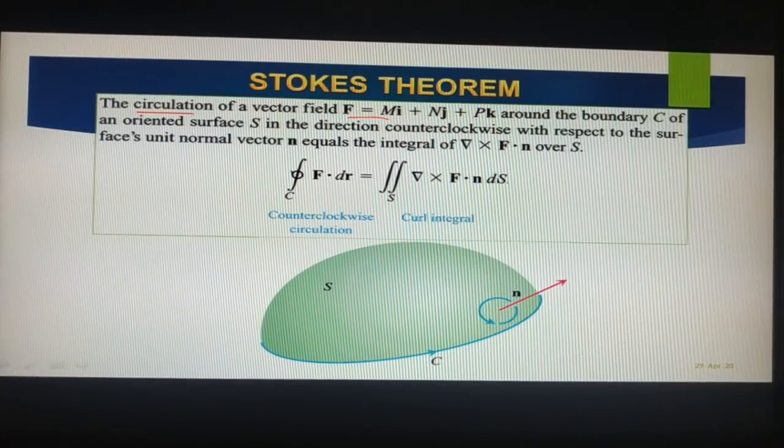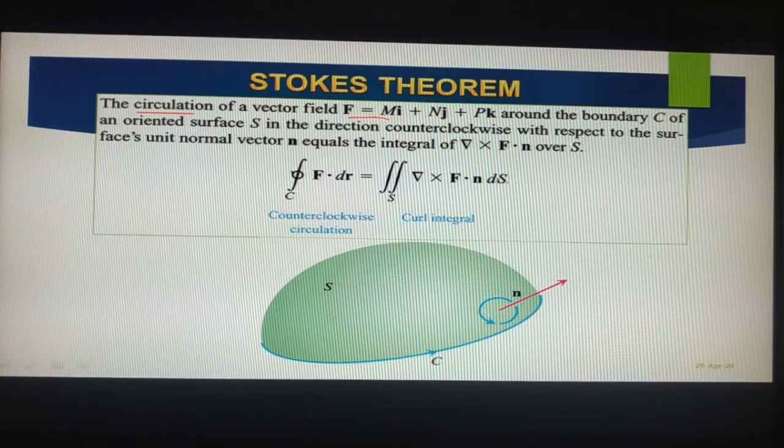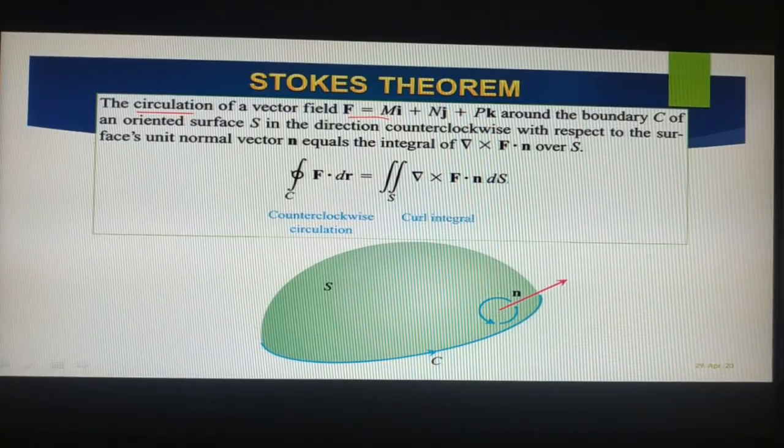So let you understand this whole thing in what way we write it. See, this is some 3D object. It may be like here I took some hemisphere. Then what we are trying to tell you is the circulation of the vector field.